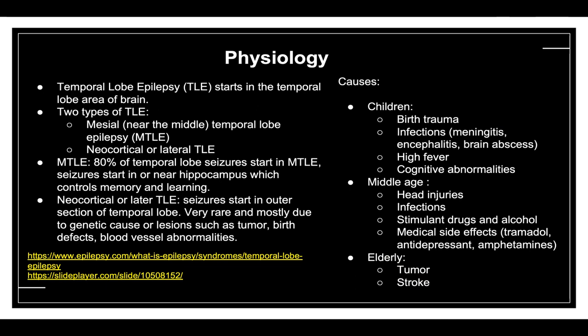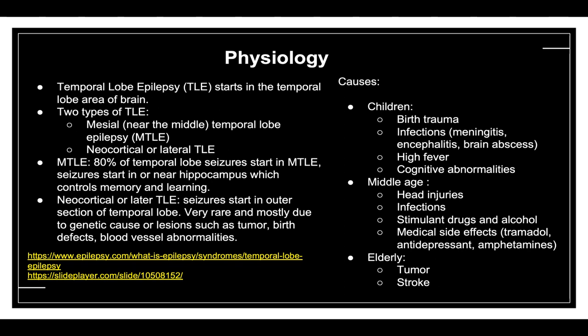So as I said in the previous slide, temporal lobe epilepsy starts in the temporal lobe area of the brain. There are two types of temporal lobe epilepsy. One is the mesial, which is near the middle temporal lobe, and in short form it's spelled MTLE, and the other one is neocortical or lateral TLE.